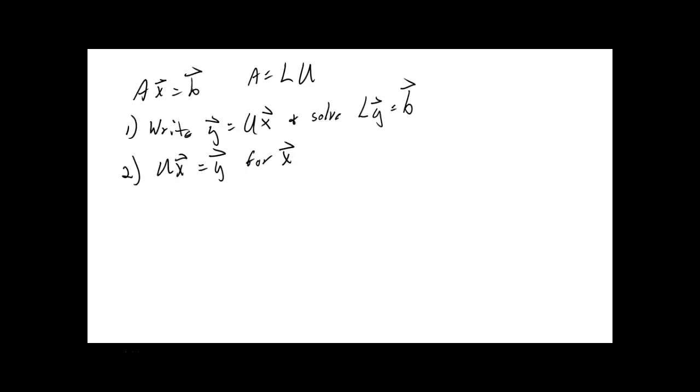Now, they sound like simple steps, but they look a little confusing, at least to me they do. Okay. The hard part isn't really all that hard, but is getting this A split into an LU matrix. The upper triangular is pretty easy. That's just doing your row reductions, just like we've always done.